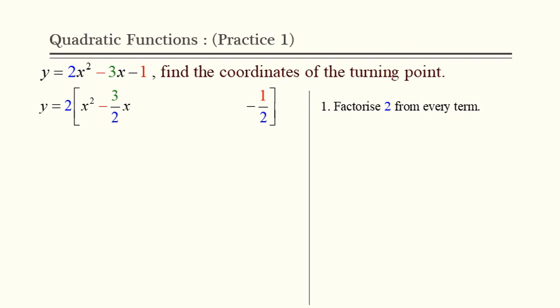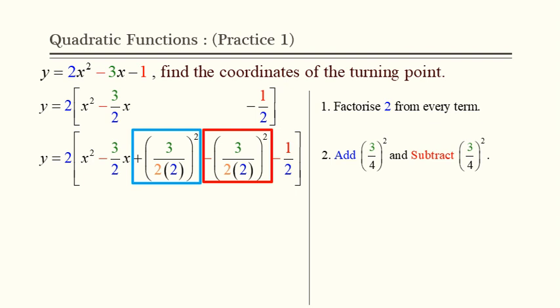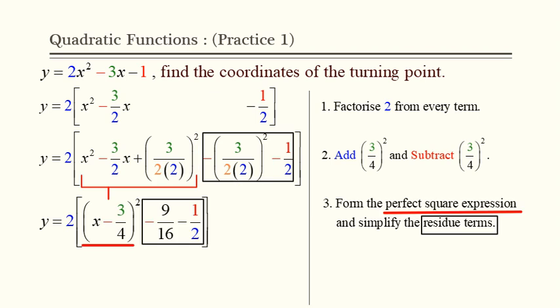Let's go through the process in this example. Step 1. Factorize 2 from every term in the quadratic expression. Step 2. Add 3/4 all squared and subtract 3/4 all squared within the square brackets. Step 3.